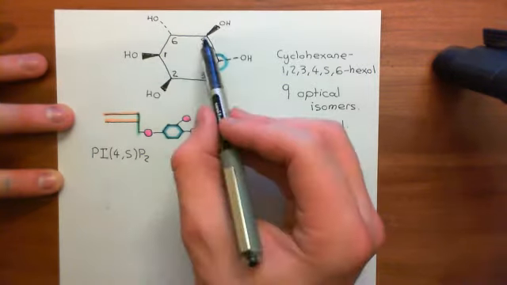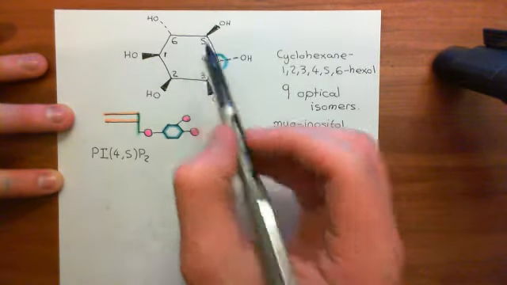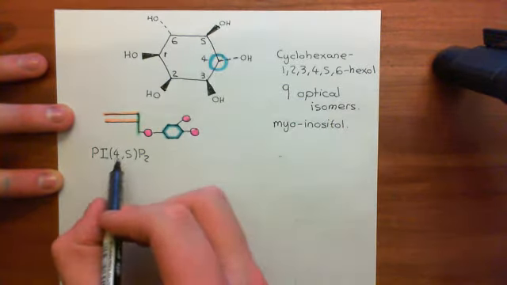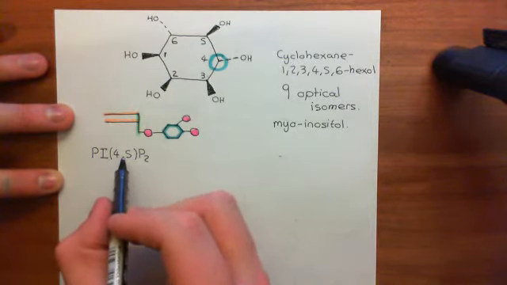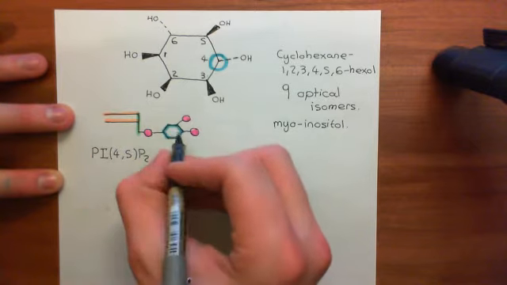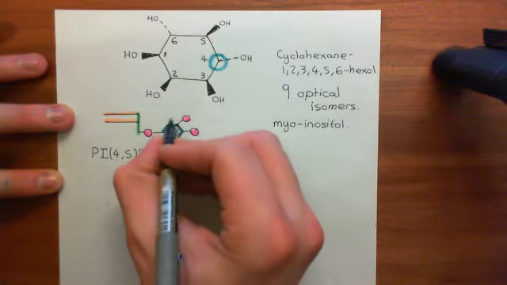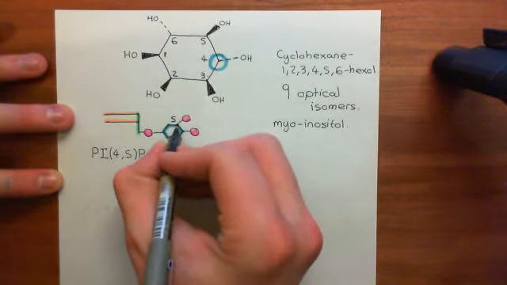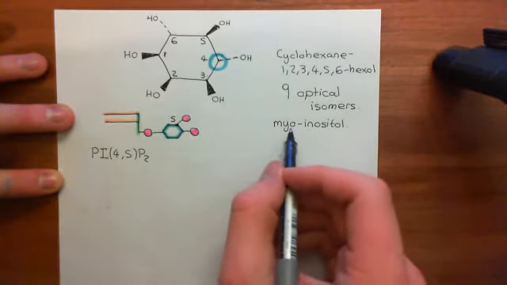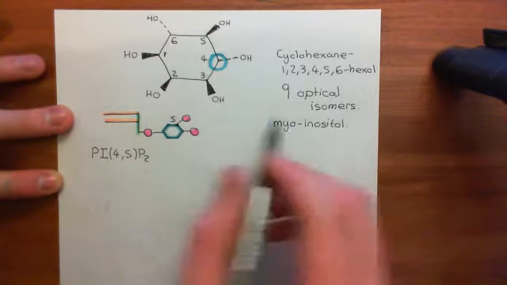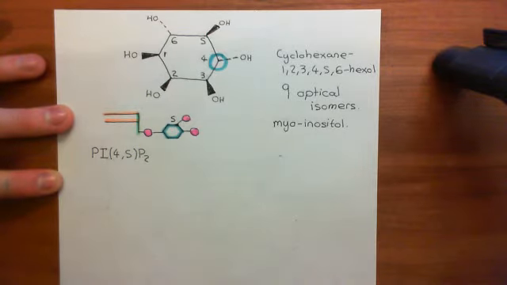Okay, so that's why it's not insignificant that this is phosphatidylinositol 4,5-bisphosphate, and it's why it's not called phosphatidylinositol 3,4-bisphosphate. This phosphate group here is off the fifth carbon, not the third carbon, and there is a difference between those two in myo-inositol anyway. So that then is the structure of phosphatidylinositol 4,5-bisphosphate.